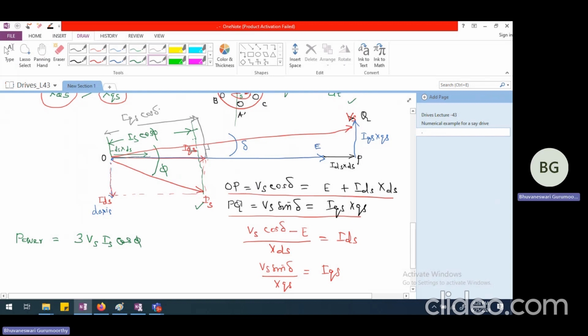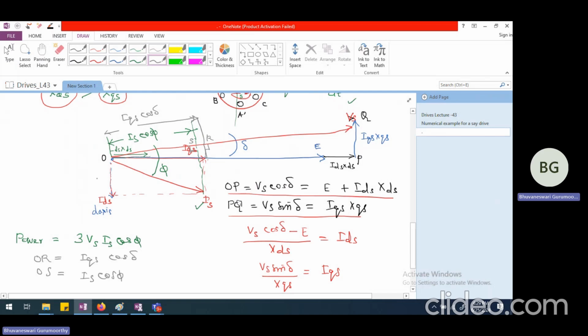cos delta. So IQS cos delta is given, let me probably write this is OR and this is OS. So OR happens to be IQS cos delta and OS happens to be Is cos phi.